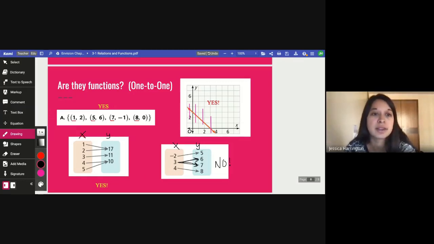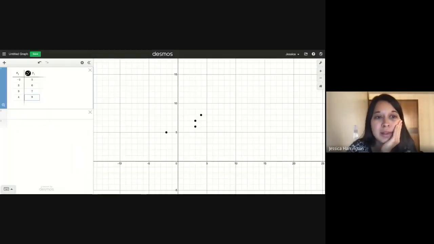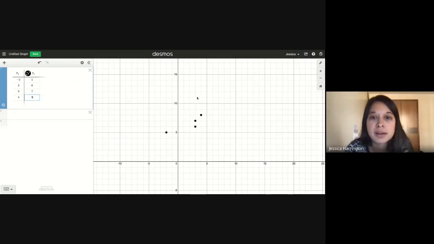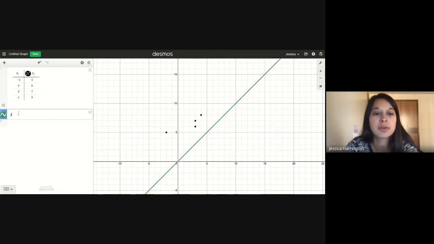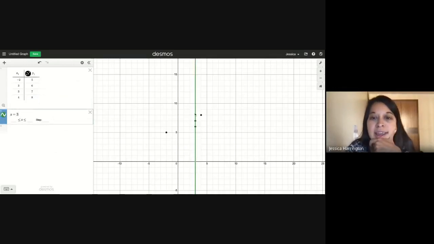So if you look at this graph of these points, it's not a function because if I were to perform the vertical line test, do you see that right here at x equals 3, which I can type so you can see, it hits the set of points more than once. It hits it here, it hits it there. So it doesn't pass the vertical line test, which is why it's not a function.